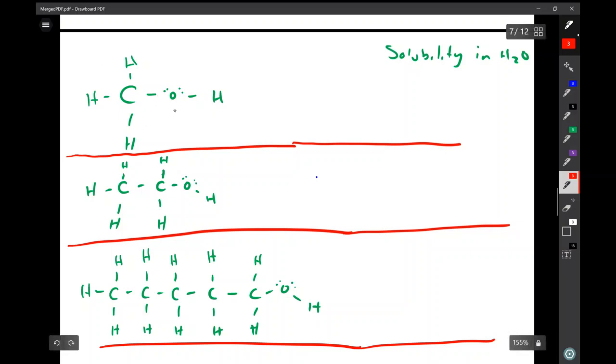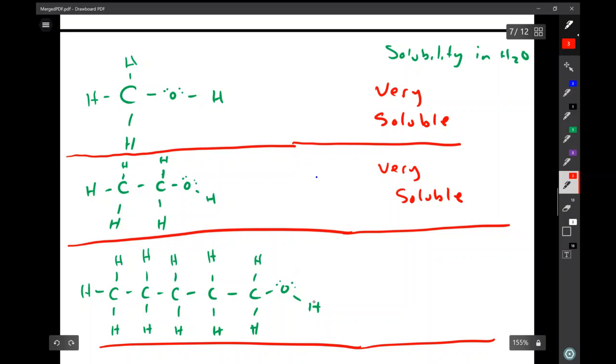It's pretty soluble. We call this very soluble. Alright, you got that strong hydrogen bond there. What about this one? Yeah, that's ethanol. So yes, it is very soluble.